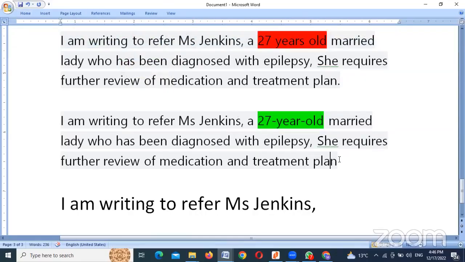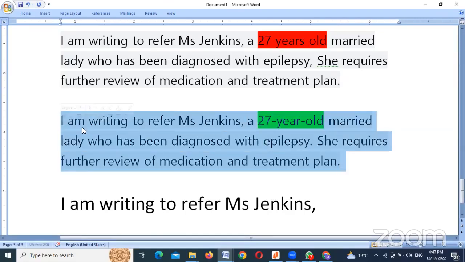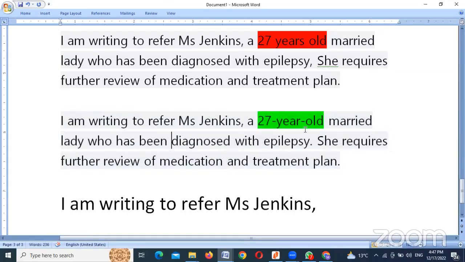Then we can use a comma here and who has been diagnosed with epilepsy. Who has been diagnosed with epilepsy is okay. She requires further review of medication and treatment plan. Oh, no. If you see this letter, this purpose, is it clear from the purpose what we want from there? Why we are sending this patient?